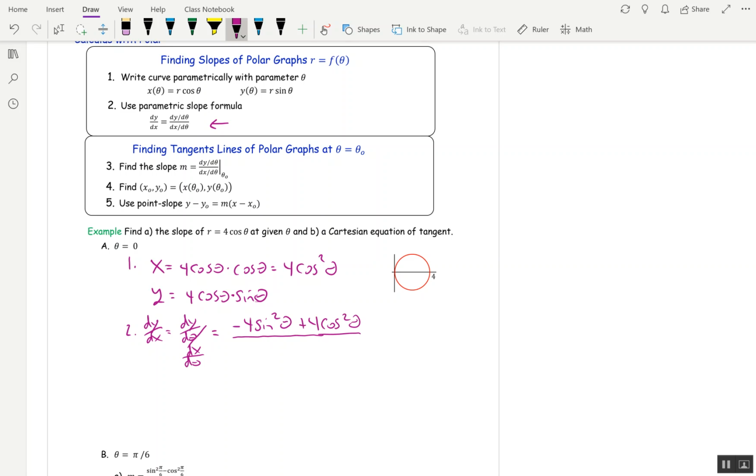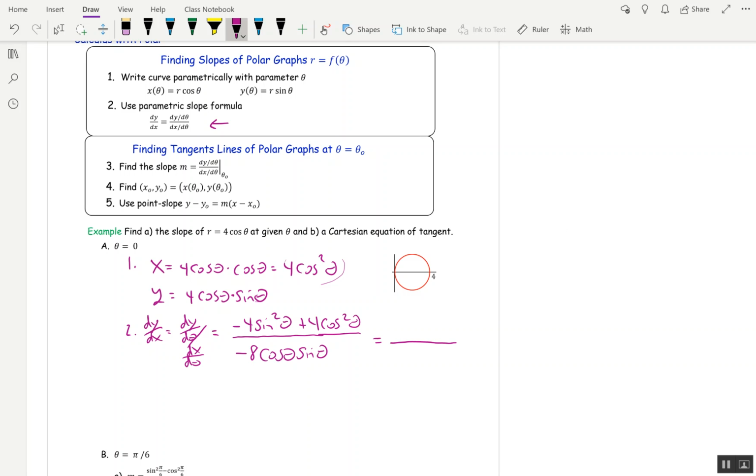All right, in the denominator, dx/d theta, I'm just going to use the chain rule, bring a 2 down, 8, leave the inside fixed, cos theta, multiply by the derivative of the inside, which is negative sine theta. Now, let's factor out a negative 4 from the top and the bottom, just to clean it up a little bit.